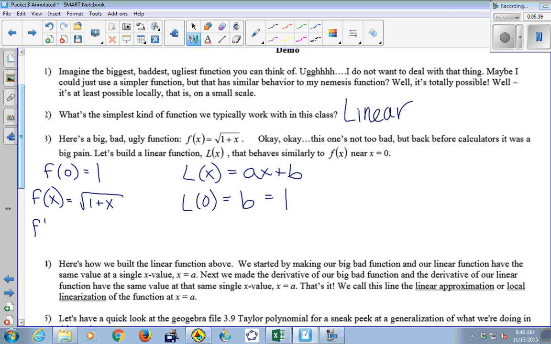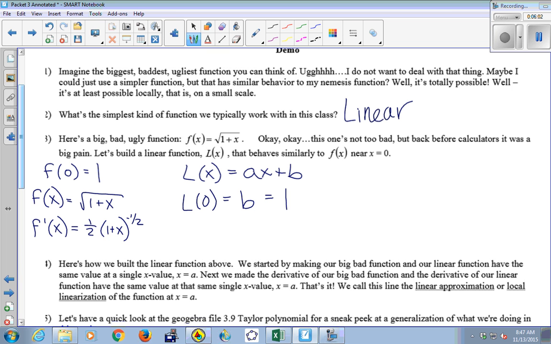What is f prime of x? Yep. Yep. You just do the power rule. The derivative of the inside is just 1 in this case, so the chain rule is not, I don't need to write down the chain rule.